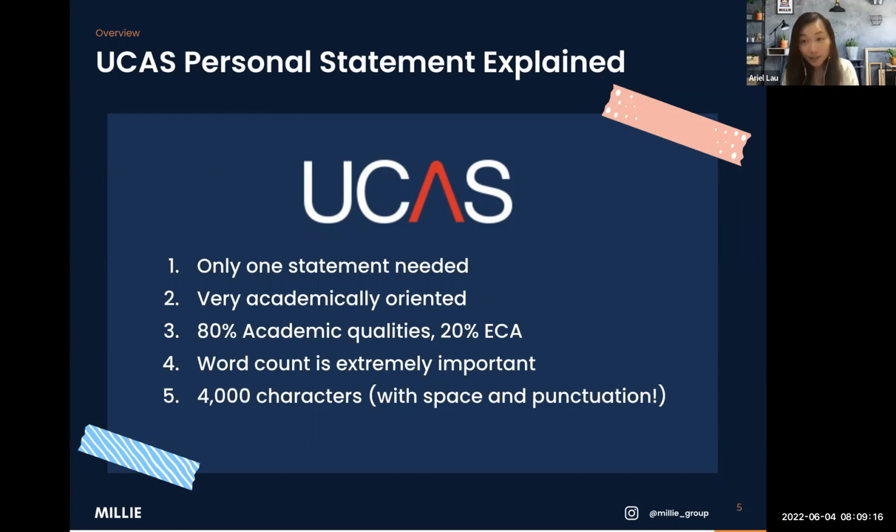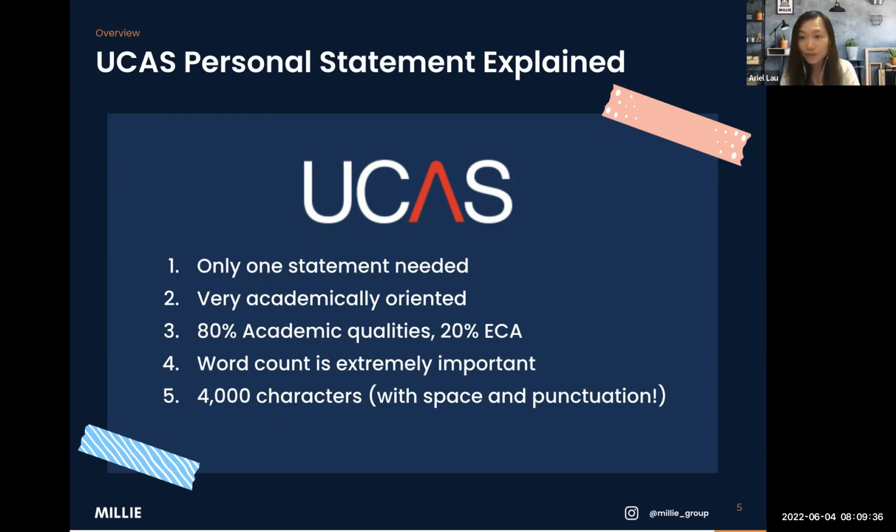It's 4,000 characters. Each letter counts as one character, and the spacing and punctuation all count towards your character count. If I convert it back to word count, that's around 600 to 650 words, depending on your usage of words. So it's quite a short essay, I would say.